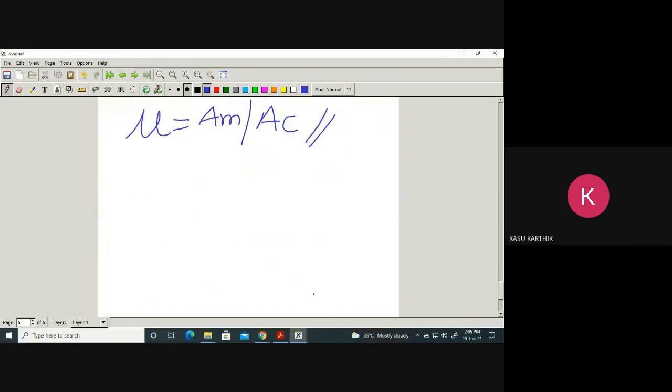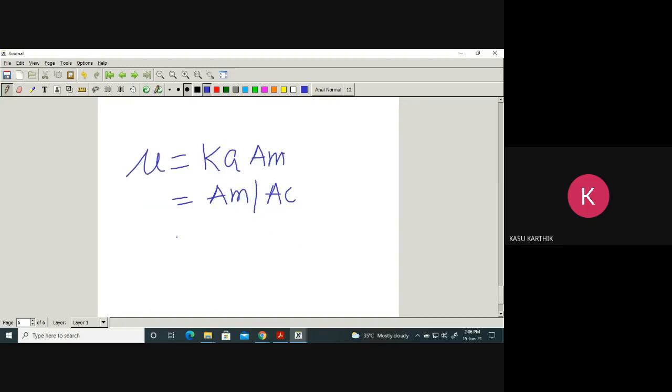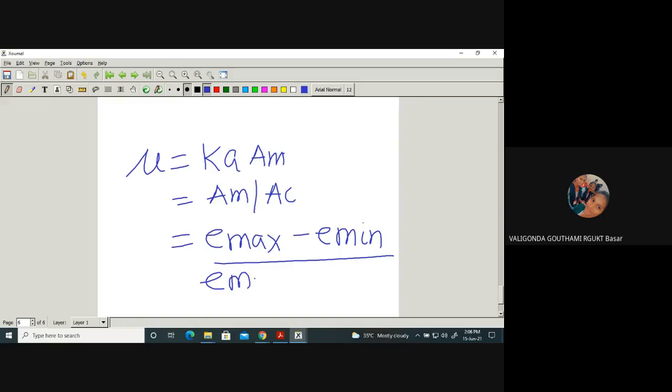So mu can be found out using different formulas. Mu can be Ka into Am, or it can be Am by Ac, or it can be E maximum minus E minimum by E maximum plus E minimum. That is from this one, right? So that is a basic formula.